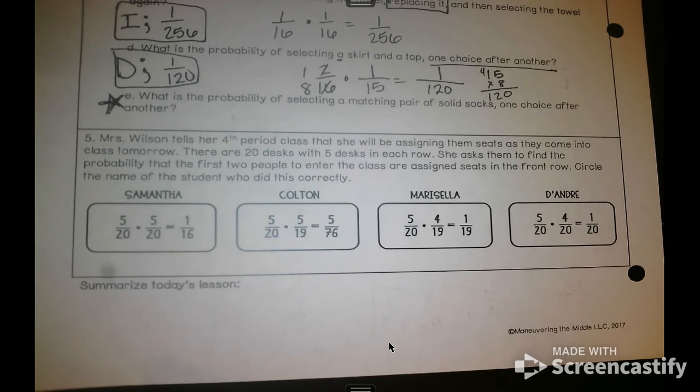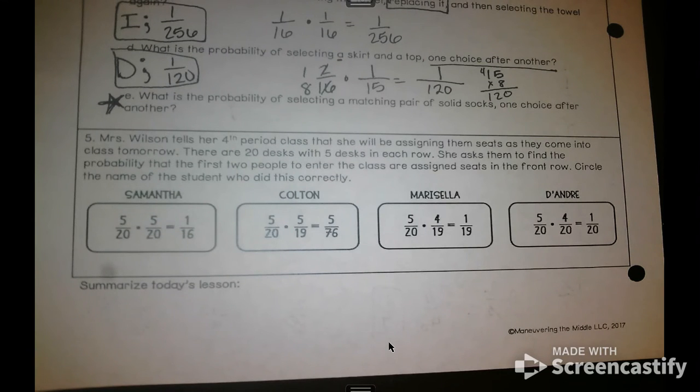Because she said the first 2, and there's 20 desks, so there's 5 in each row. Wait, but it says a pair, right? Okay, I'm stuck. Wait, which one are y'all doing? The E. No, I said skip it. Wouldn't it be 2 over 20? Because the teacher's asking. Do you see 2 over 20 there as an option?